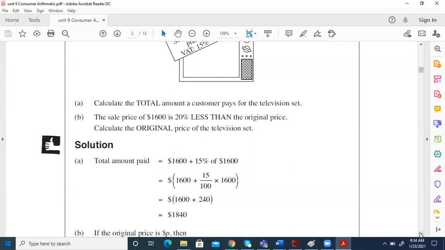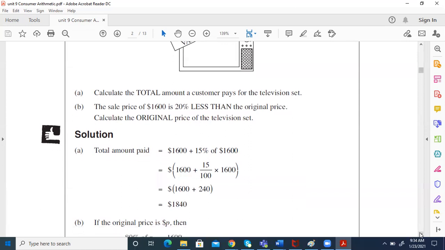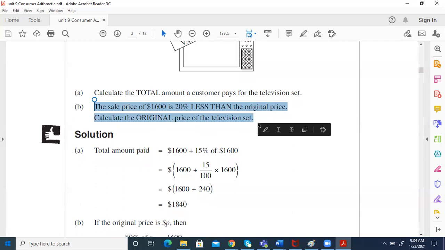Then it says the sale price of 1,600 is 20% less than the original price. Calculate the original price of the television set. This is a typical question, and you don't want to be thinking too long on it in an exam, because you should be practicing these types of questions so many times that you know what to do straight off.